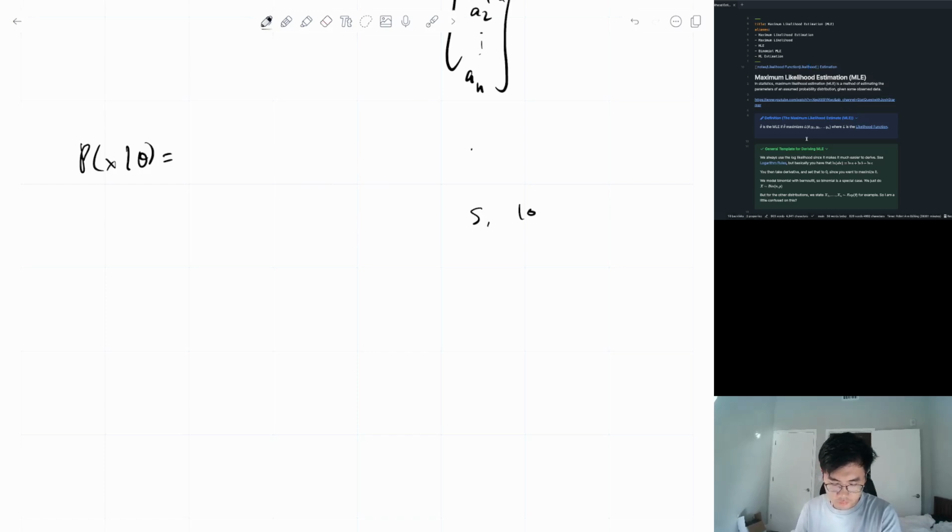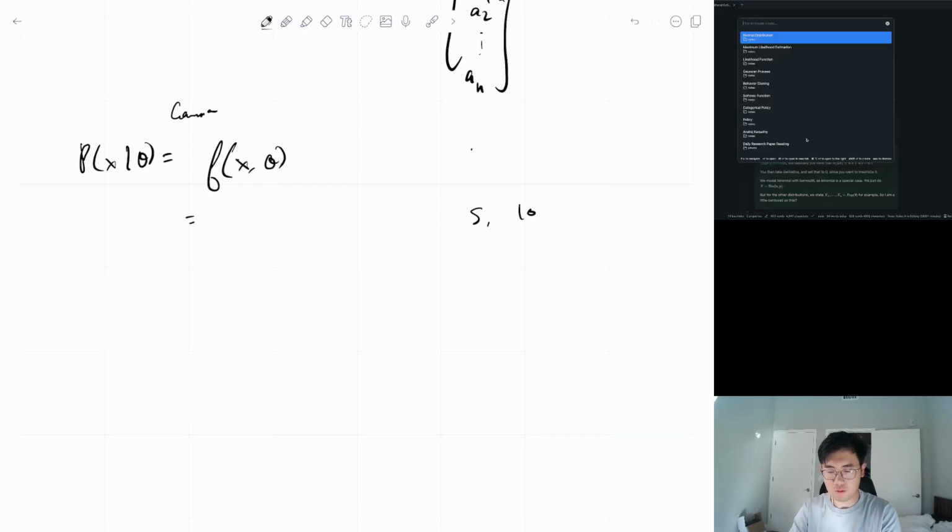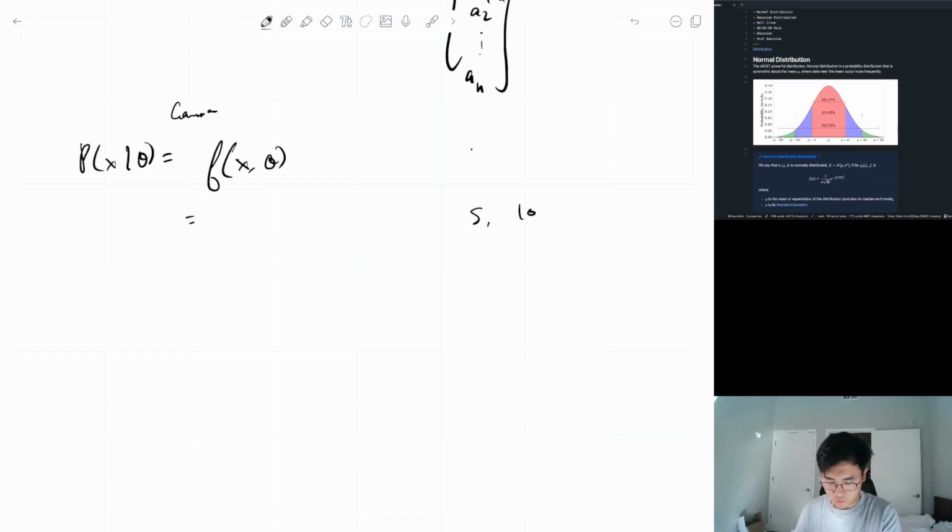Right, so the likelihood of x given theta. For a Gaussian, you're looking at your probability density function, which is f of x given theta, which is equal to 1 over sqrt(2 pi sigma squared) times e to the minus 1 over 2 times (x minus mu over sigma) squared, right?